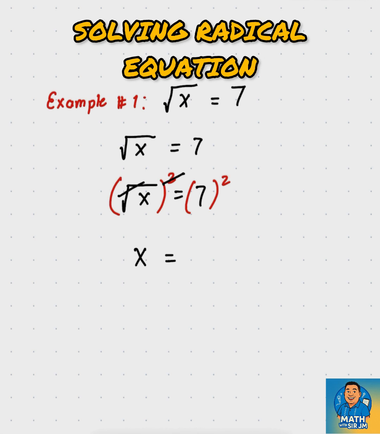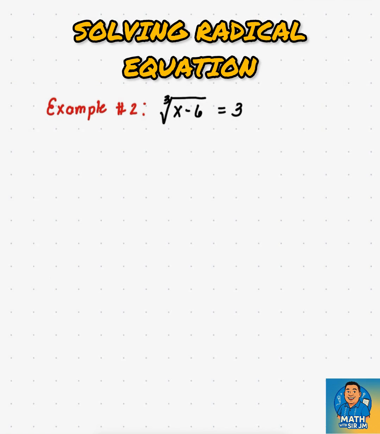That is 7 times 7. Then we have x is equal to, what is 7 times 7? That is 49. Therefore, our final answer is 49.